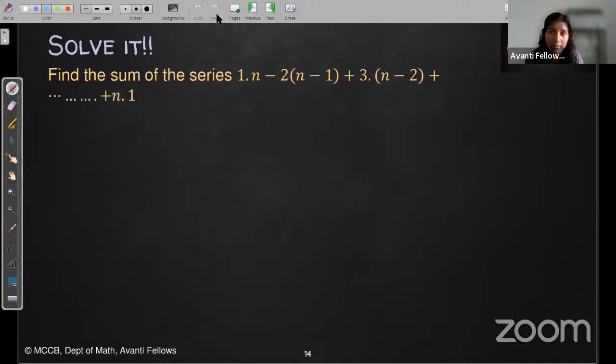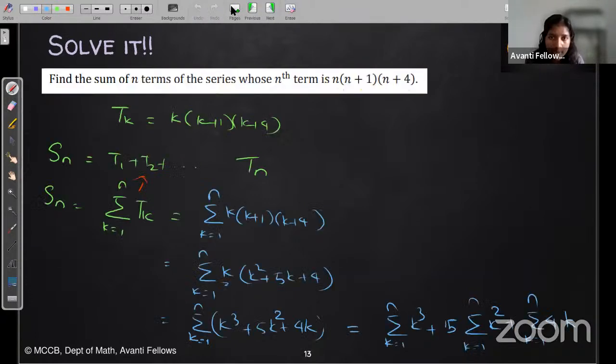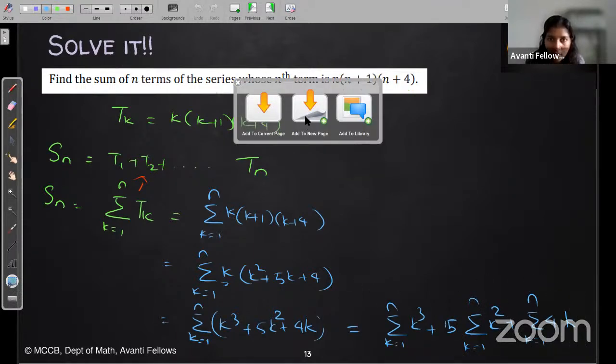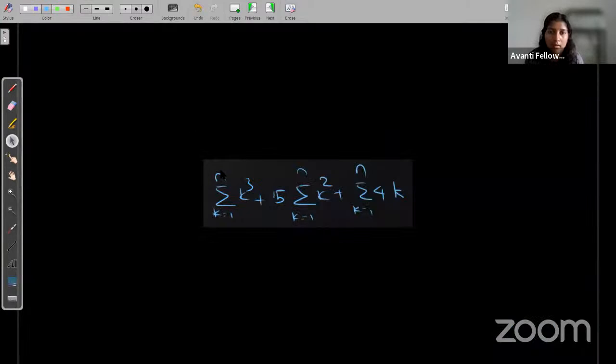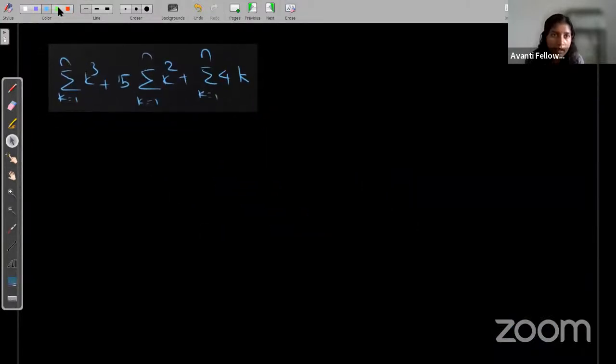So next we will get this. What is the sum of the cubes of first n natural numbers? It is n square into n plus 1 whole square divided by 4.